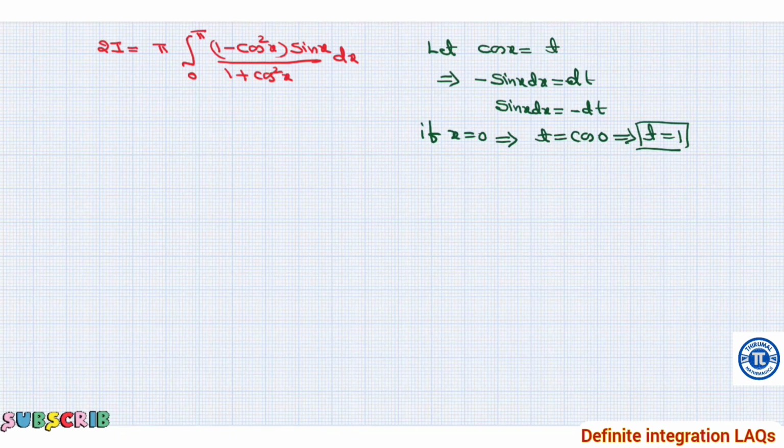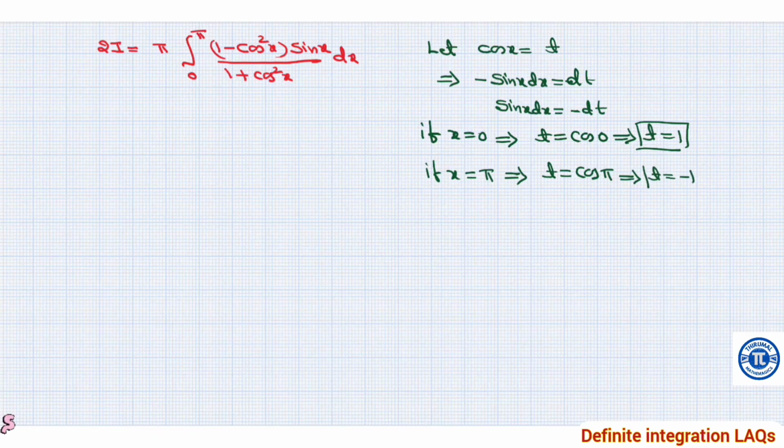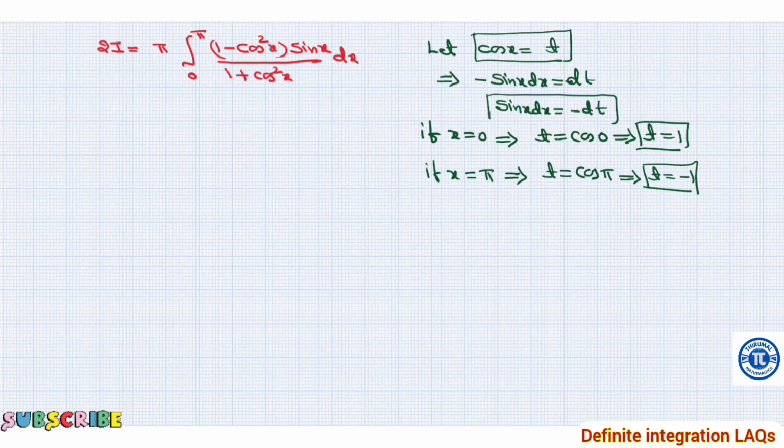If the upper limit of x is pi, then t is cos pi, which implies t equals minus 1. So cos x equals t and sin x dx equals minus dt, and both limits are substituted in the above integration.